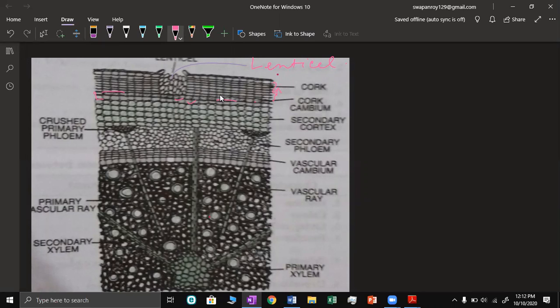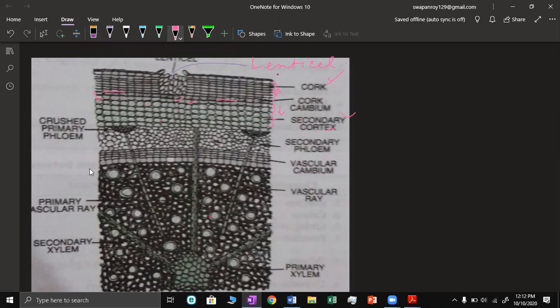The cells are nicely arranged, it seems in radial columns. And on the inner side, it is producing the parenchyma tissue, thick walled cells, and this is the secondary cortex. So cork cambium produces outside cork and inside cortex.